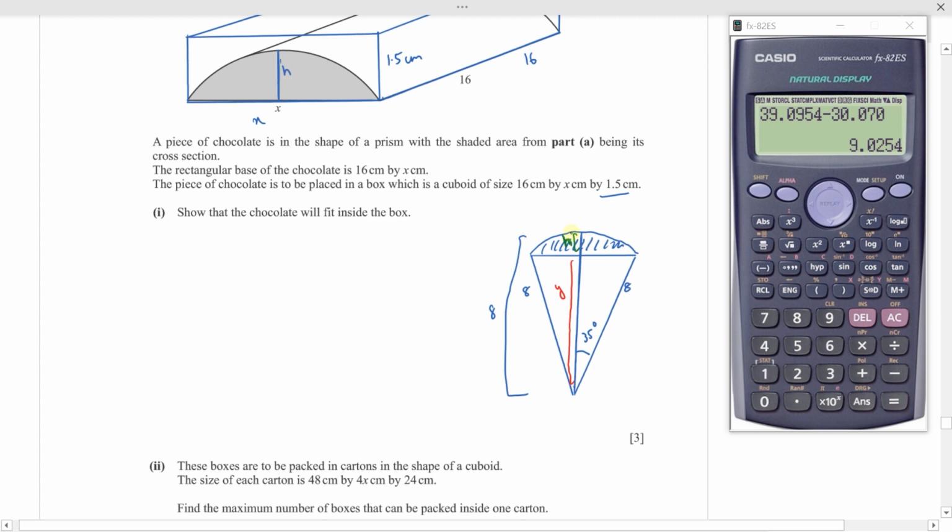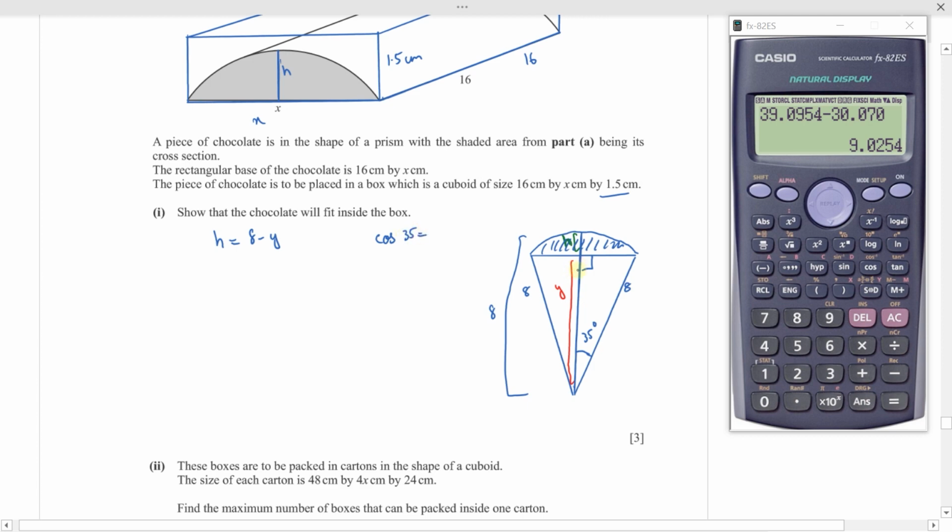So this height h is 8 minus y. If you look at this y length, it is part of this right angle triangle which has this hypotenuse 8, this angle 35 degrees, and this base as y. So we can compute y here using this angle 35 degrees.